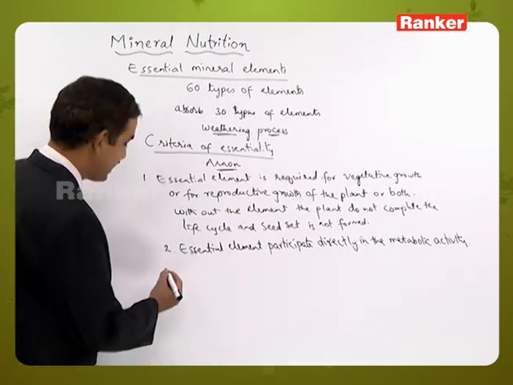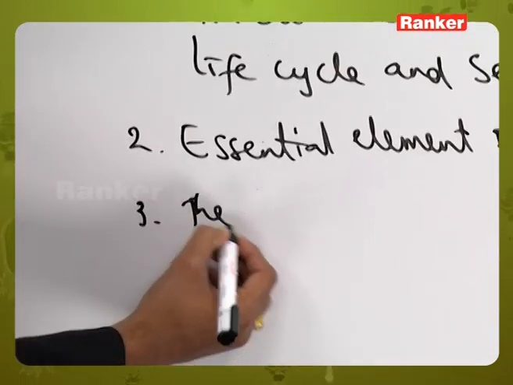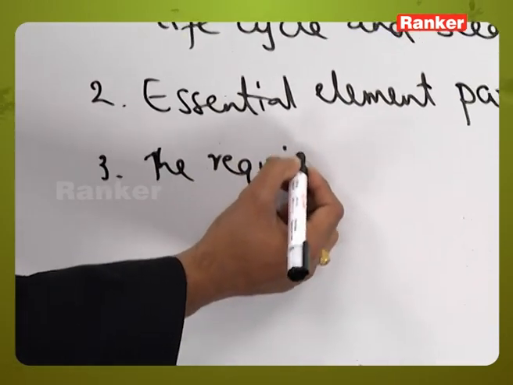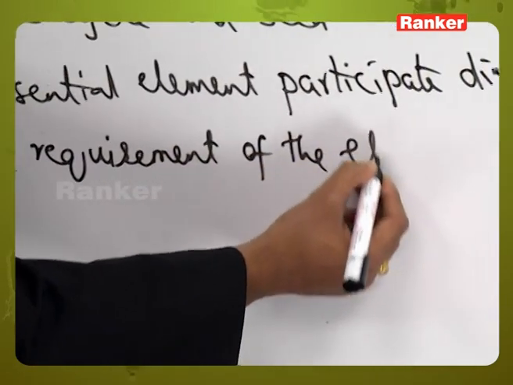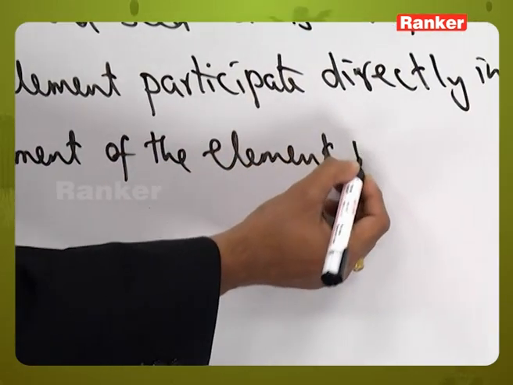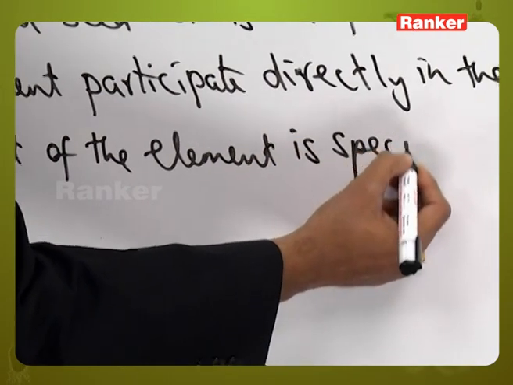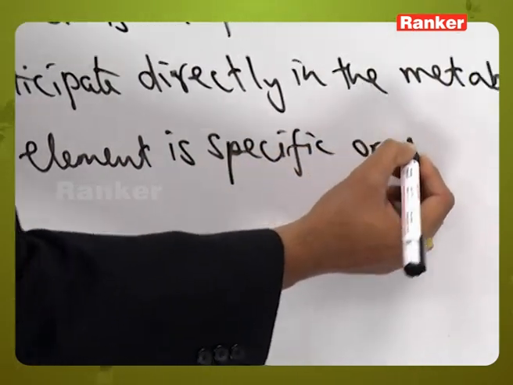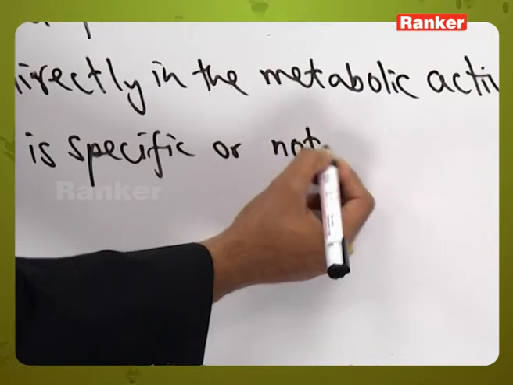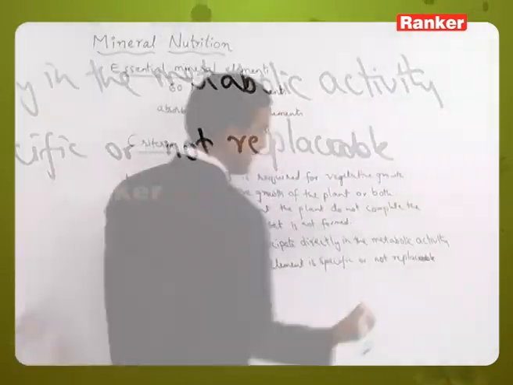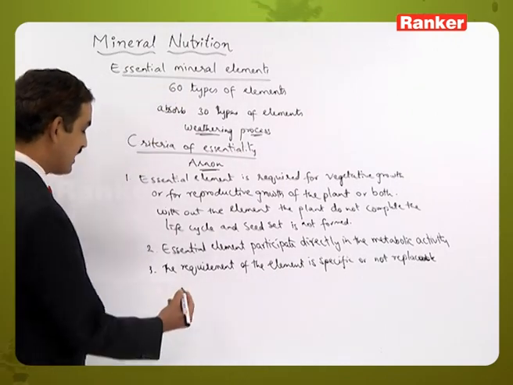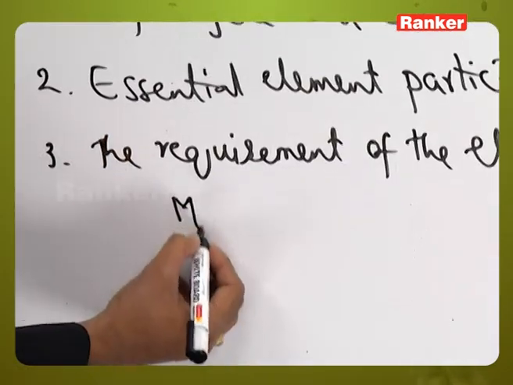The third criterion is that the requirement of the element is specific, or not replaceable by any other type of element. So here, for example, let us take magnesium.